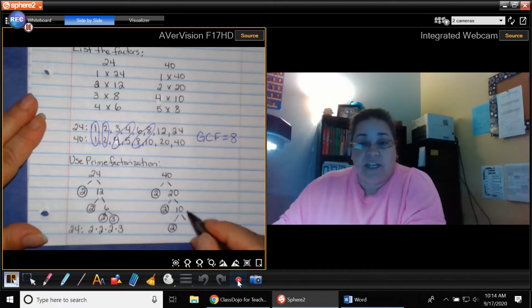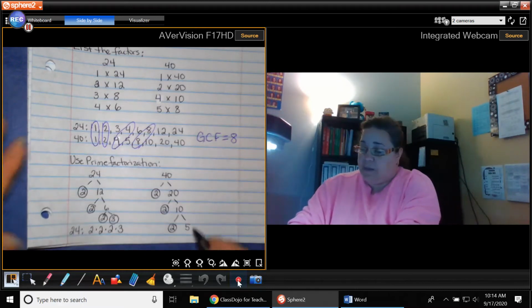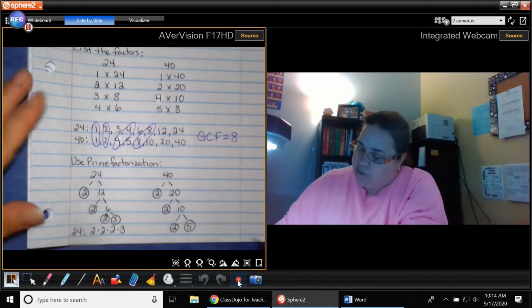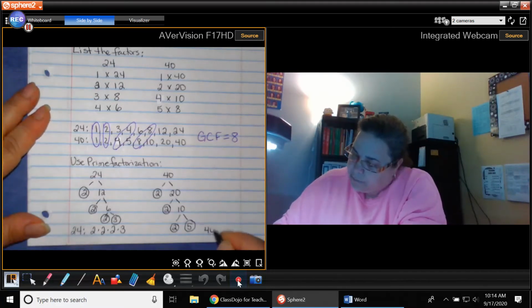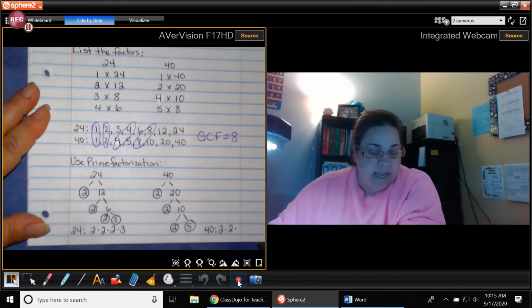And 2 goes into 10 5 times. So 5 is also a factor, and 5 is also prime. So I'm done. Okay, so for 40, my prime factorization is 2 times 2 times 2 times 5.